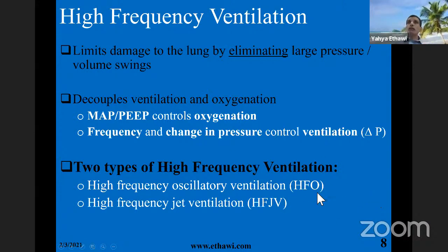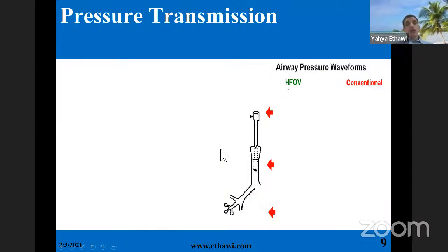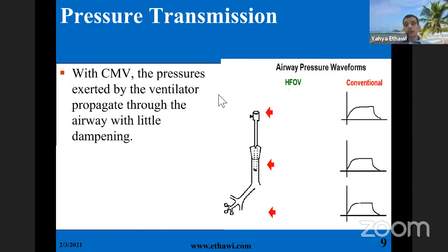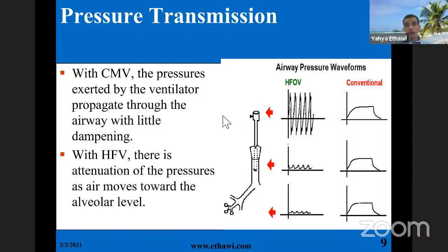Now, we have mainly two types of high frequency, the oscillator and the jet. You need to know that there will be attenuation of the pressure once the pressure moves from up to down.